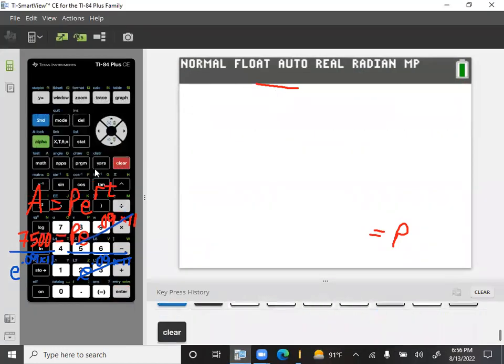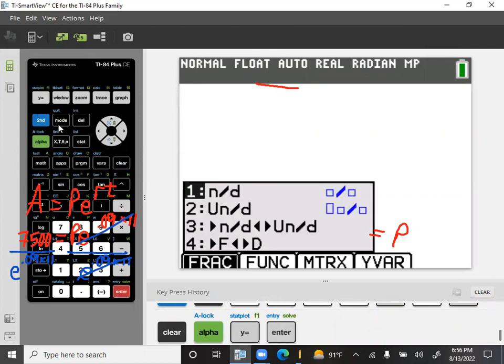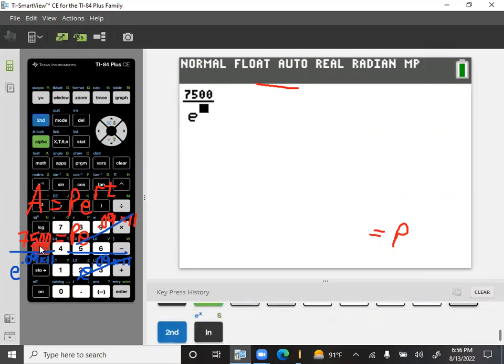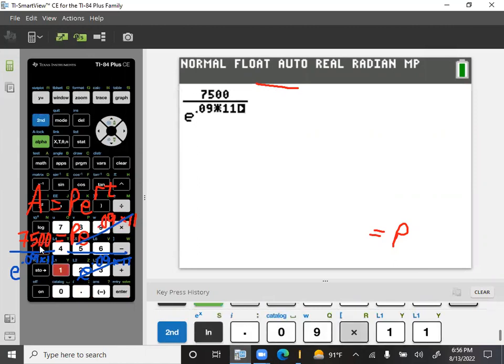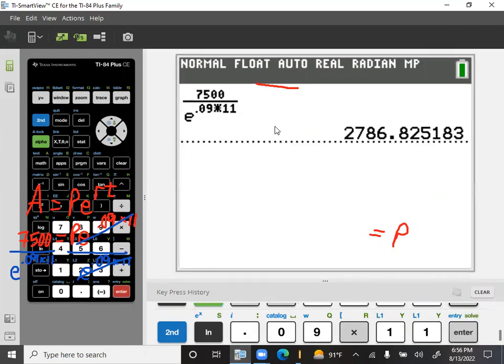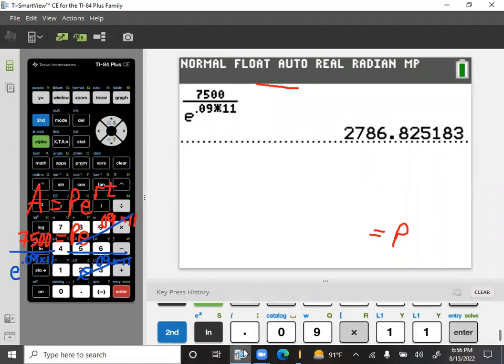I'm going to do a big fraction: 7,500 over e to the 0.09 times 11. And the answer is less than the 7,500. That makes sense because whatever they invested is going to be growing to become 7,500. So $2,786.83. That would be the answer.